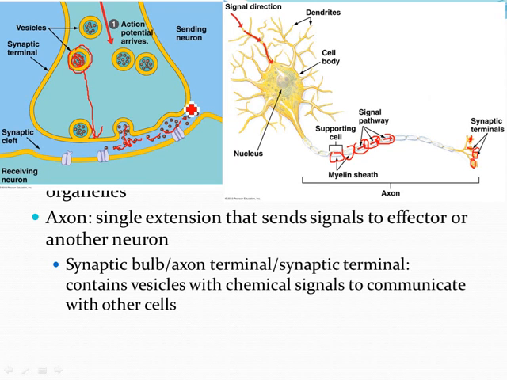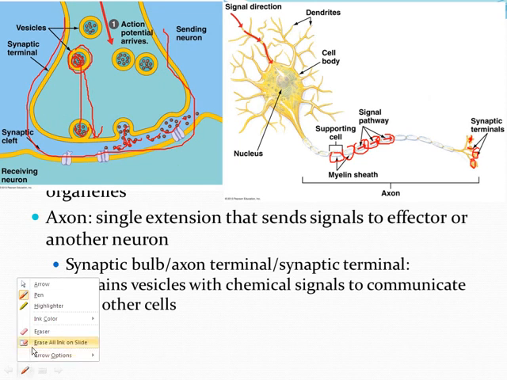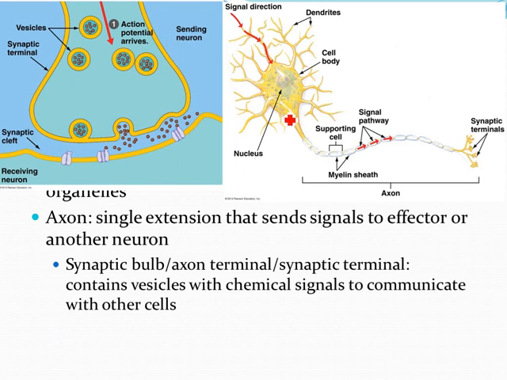So it's through this process, through the synaptic terminal, synaptic bulb, whatever, they have different names for it, that they expel the neurotransmitters into the synaptic cleft here. So that's how they communicate with other cells. So remember, what kind of communication is it within the neuron itself?